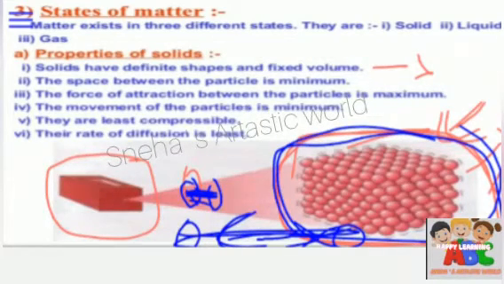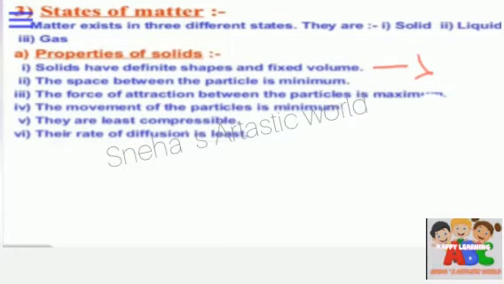The next property is that the movement of the particles is minimum, because the particles of solid are very close to each other, so the movement is also minimum. It's like vibration. They have the least compressibility.